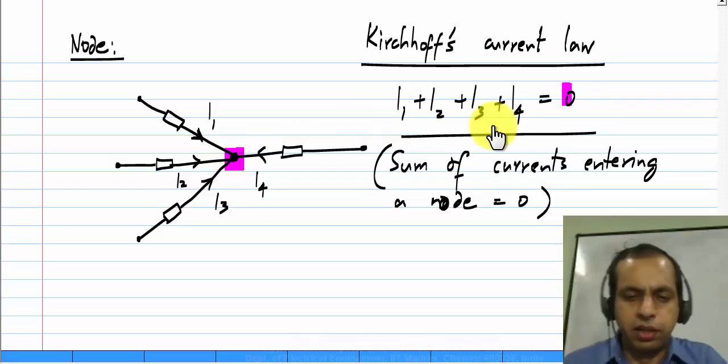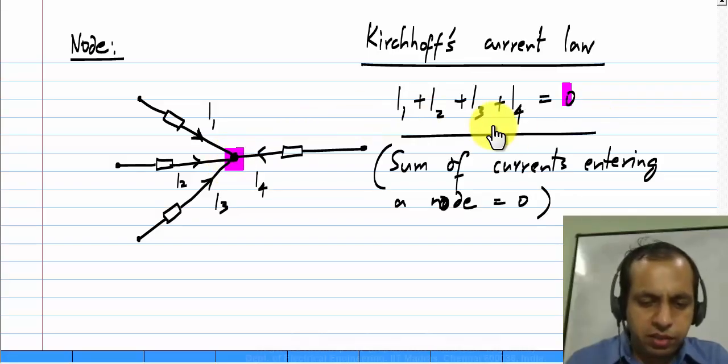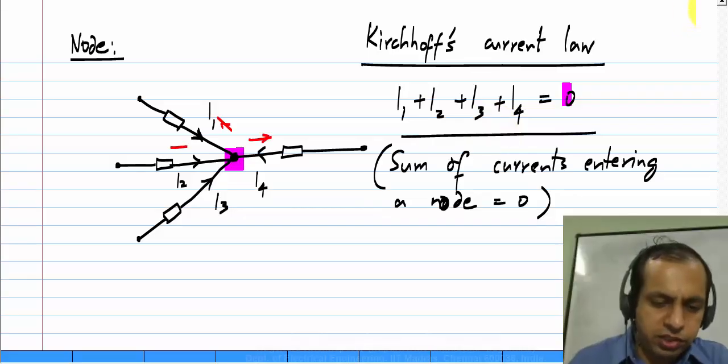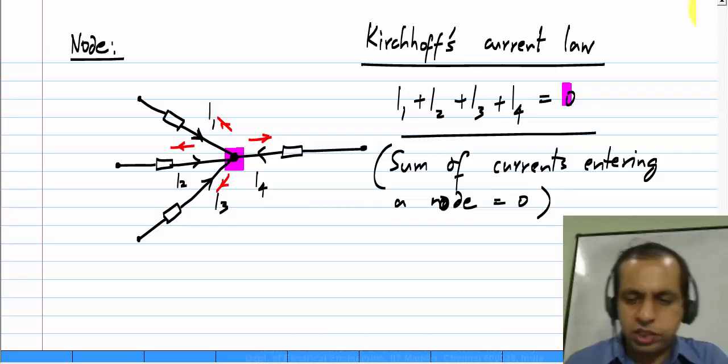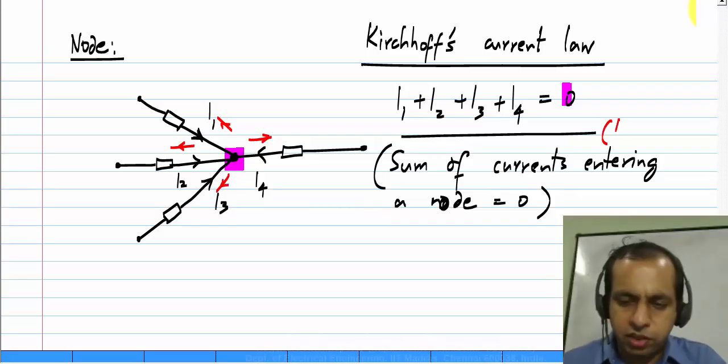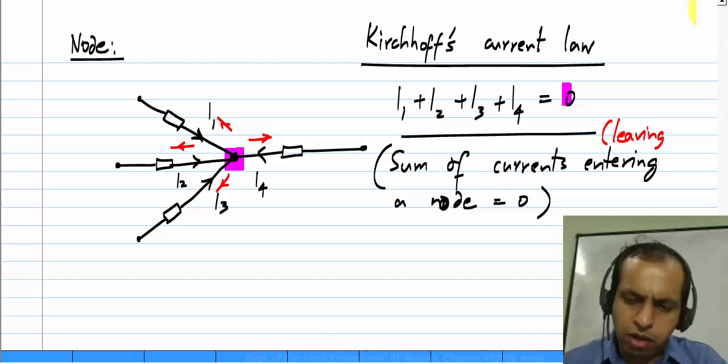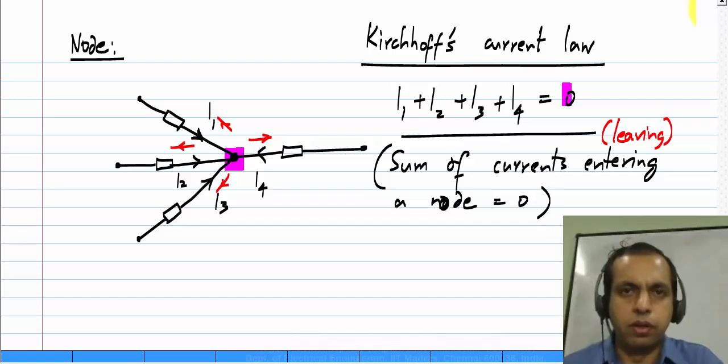Now sometimes this is stated differently. You could also equally well consider currents in the opposite direction, that is leaving the node, and say that the sum of all currents leaving the node is 0.